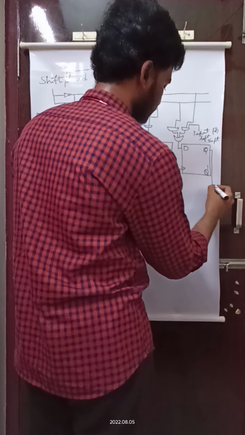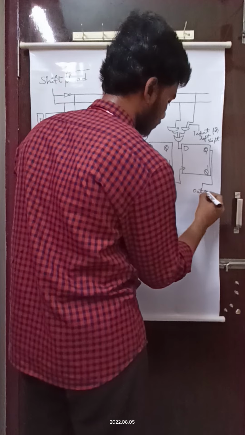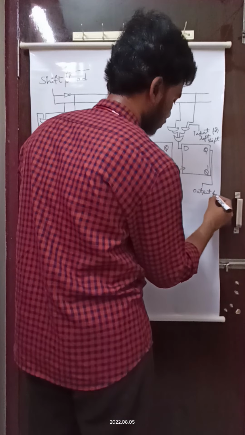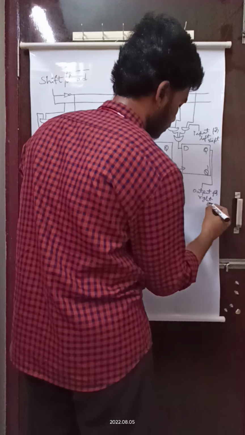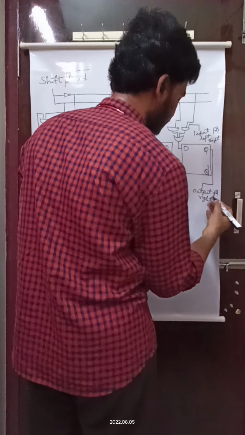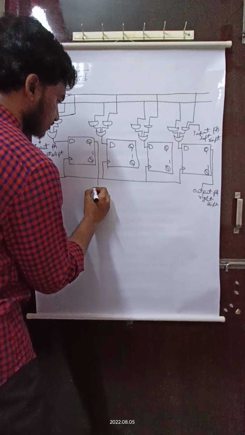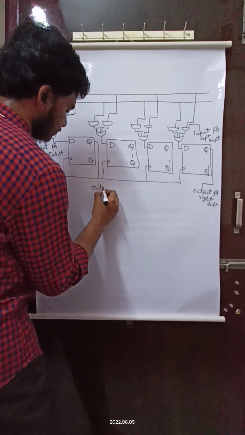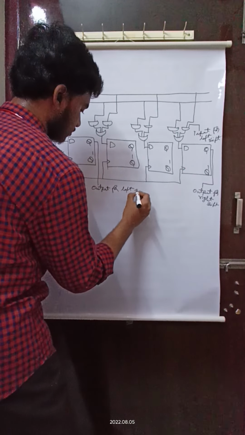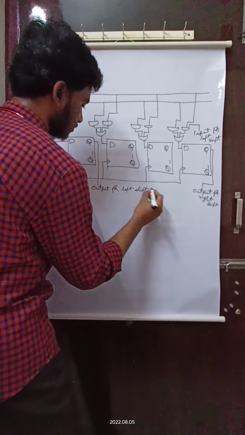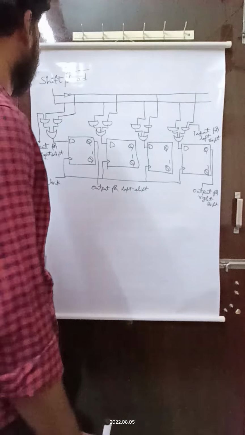Here the output is the output for right shift. That means the shifted data is collected here. Here this output is for left shift. This means that the shifted data is collected here.